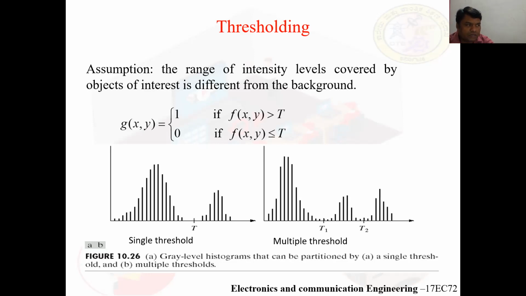Select an initial estimate for the global threshold T and segment the image using T. That is g(x,y) is equal to 0 if f(x,y) is less than or equal to T, otherwise 1 if f(x,y) is greater than T.